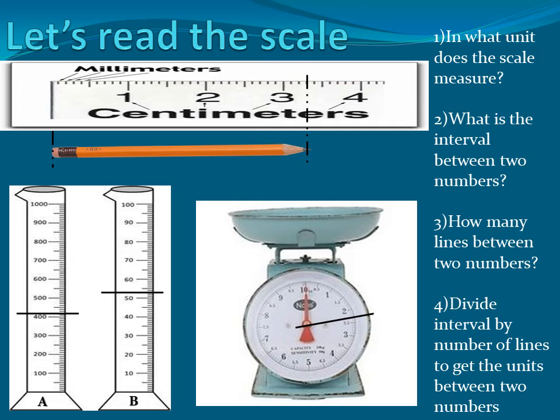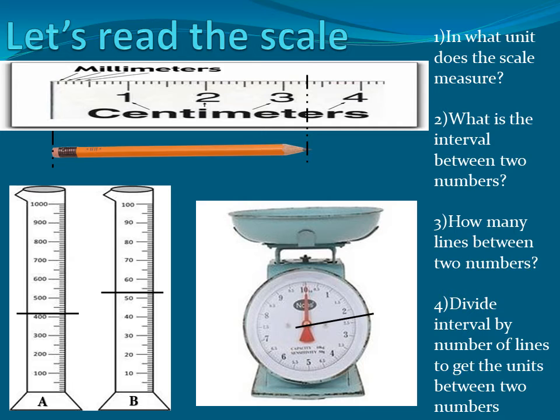We have a difference of 10. We have 10 lines. 10 divided by 10 is what? 10 divided by 10 is 1. It means each of the lines between those numbers will be 1.